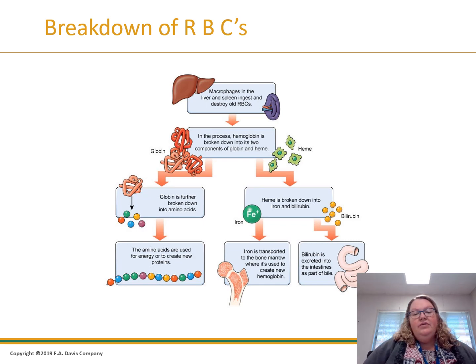Okay, so the breakdown of red blood cells: macrophages in the liver and spleen ingest and destroy old red blood cells. In the process, hemoglobin is broken down into its two components, globin and heme, right? So heme is broken down into iron and bilirubin, and then iron is transported to the bone marrow where it's used to create new hemoglobin, whereas bilirubin is excreted into the intestines as part of bile.